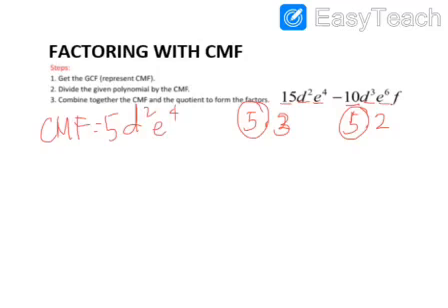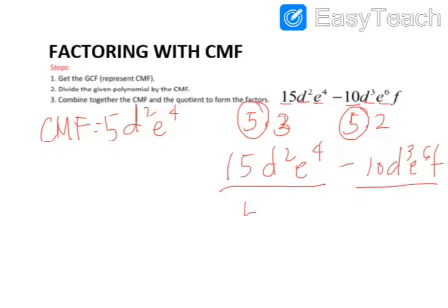Since f appears only on the second term, and in the first term, there's no f, just leave it there. So proceed with step 2, divide to get the quotient. Divide it by the CMF 5d squared e to the 4th.